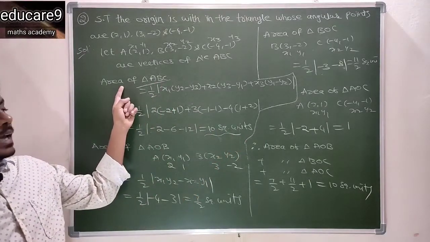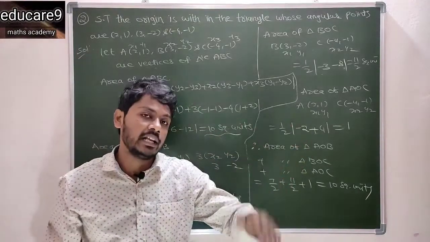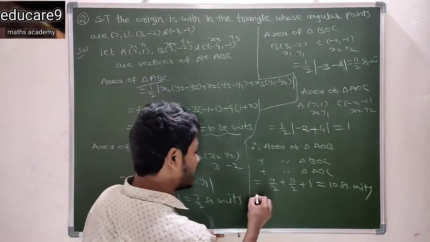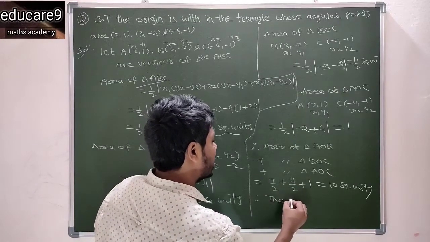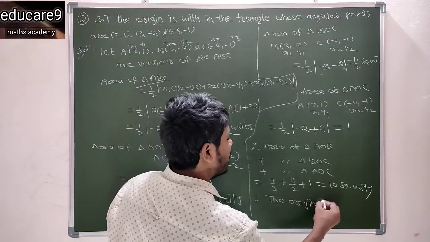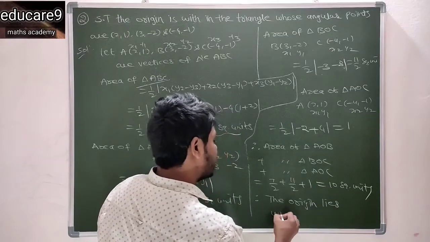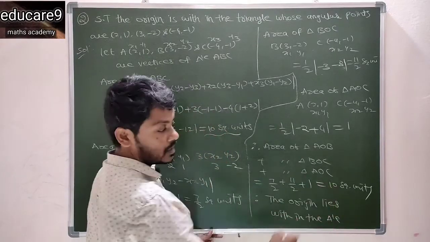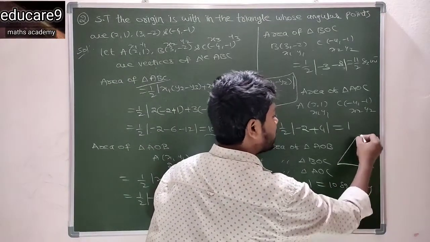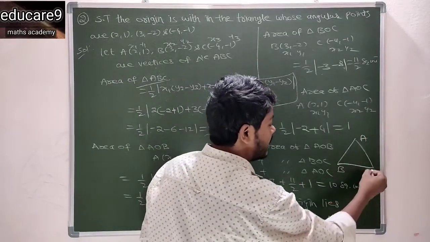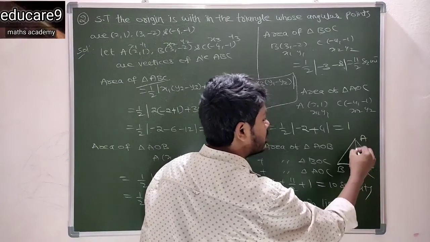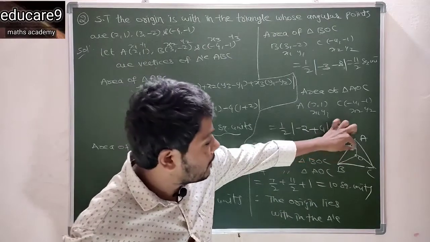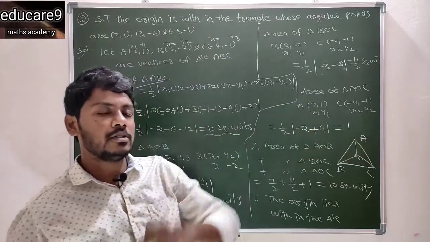So therefore area of triangle ABC is equal to area of triangle AOB plus BOC plus AOC. So therefore from this we can say that the origin lies within the triangle. Okay. So see here like this. This is A, B, C. This is origin. So therefore total area equals area of AOB plus area of BOC plus area of AOC.